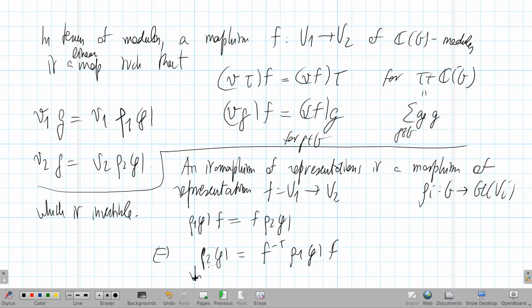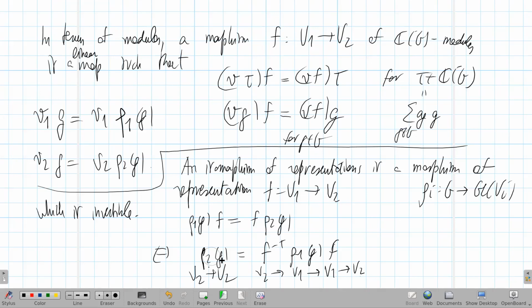So this is a map from V2 to V2, and here F goes from V1 to V2, okay? Rho 1 of G goes from V1 to V1, and F inverse goes from V2 to V1. So you see, in the end, you get a map from V2 to V2.